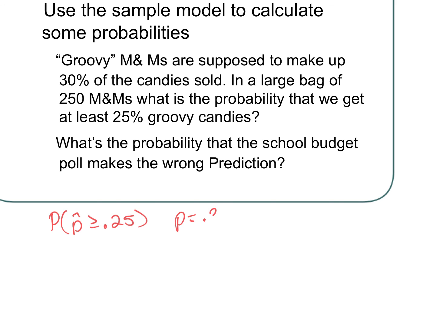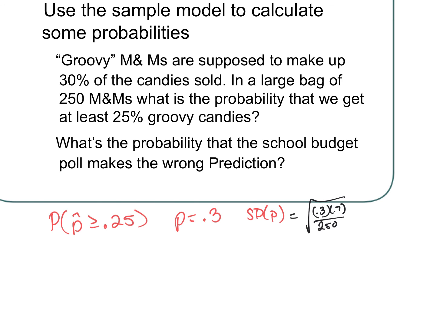P is 0.3, so what is my standard deviation? How do I calculate standard deviation? Is it given to me? No, I have to calculate it. 0.3 times 0.7. And what's my sample size? 250.